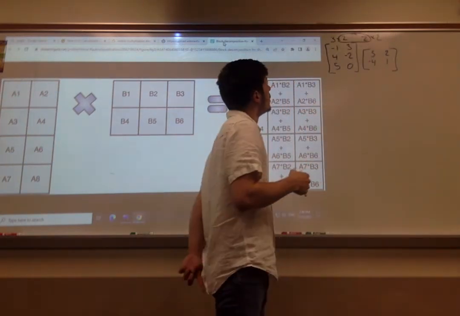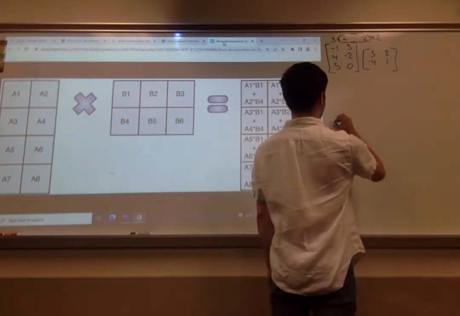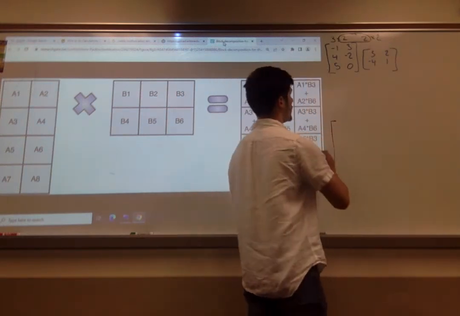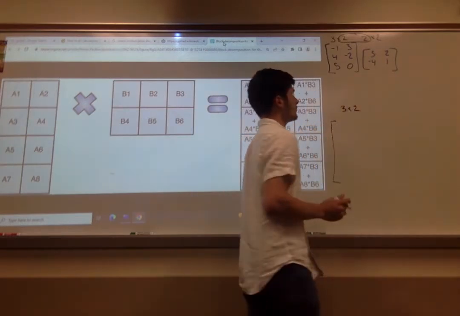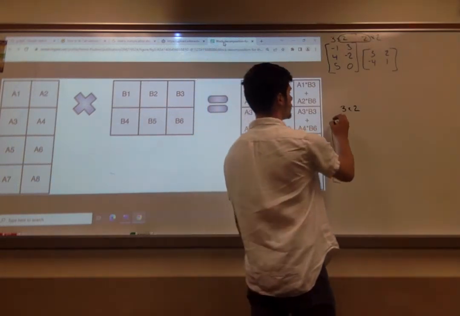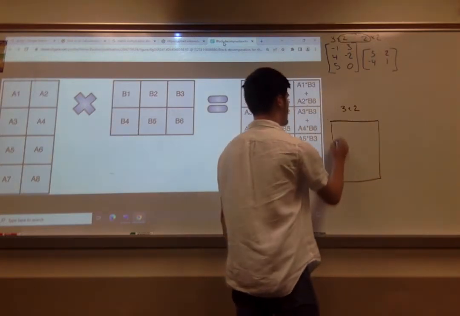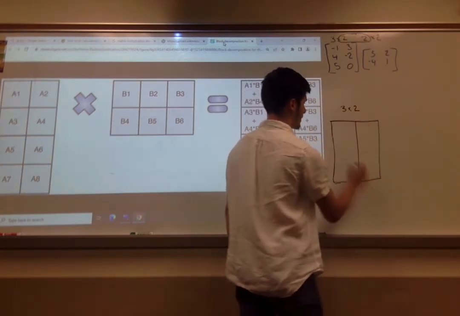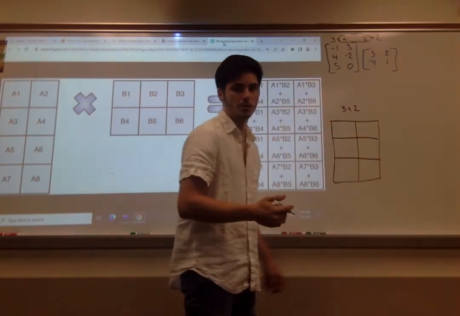Good. And we know that our final product matrix is going to be a 3 row by 2 column, right? Here's our final product matrix.